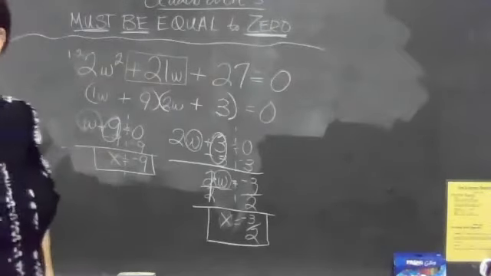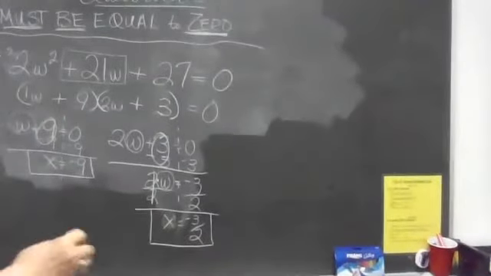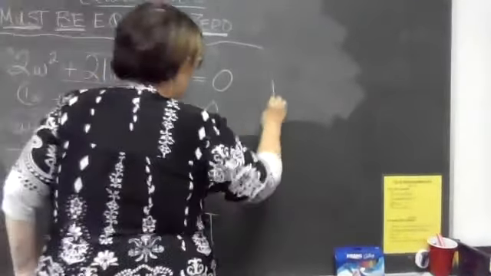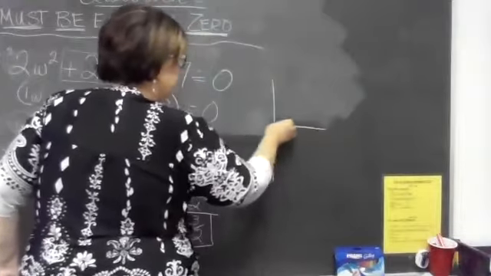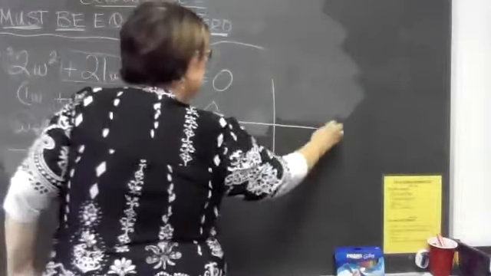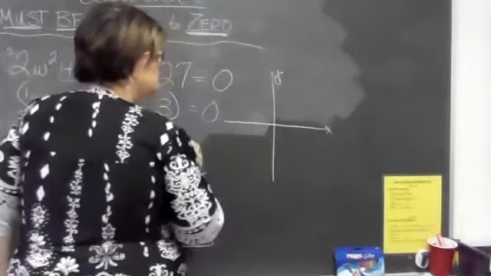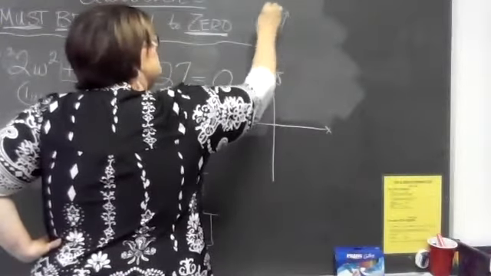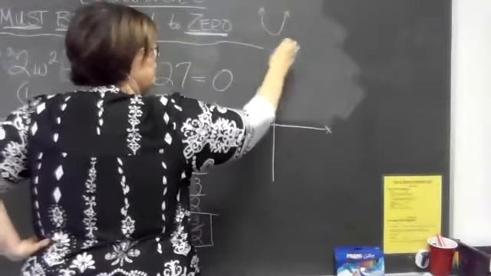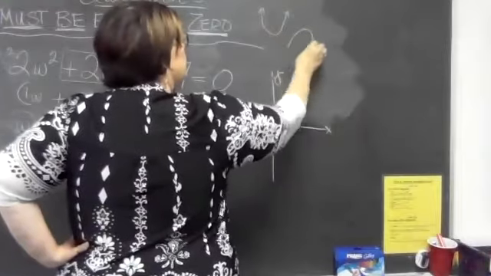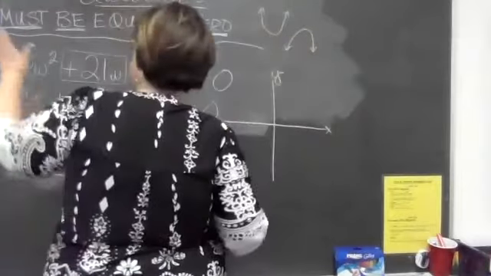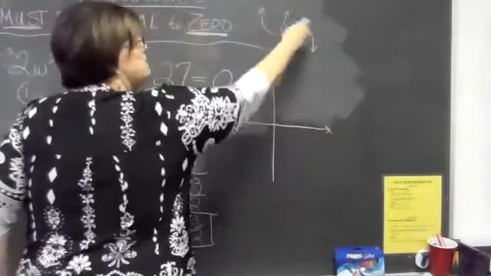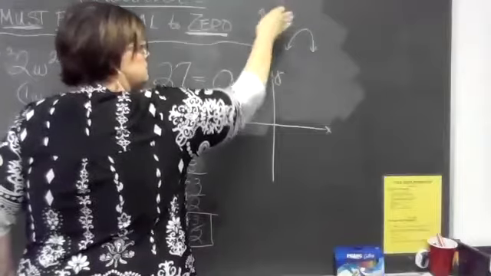So watch this. Later on, we're going to graph a quadratic. This is the x-axis and the y-axis. And a quadratic either looks like this, a parabola, or like this. Whenever I graph any quadratic, it will come out similar to one of these.